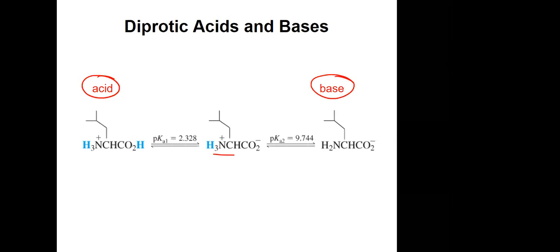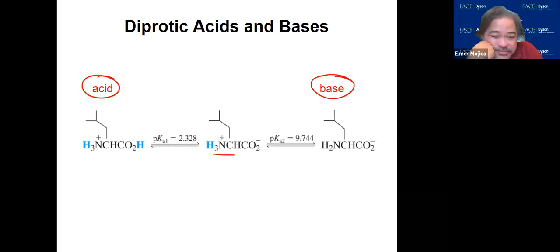Remember, H has something to do with being acidic. At lower pH, you see here, you have the two hydrogens. After it passed through the first pKa, one of the hydrogens was removed, and the one that is removed is from the carboxyl group. So what happened? You have a negative sign and a positive sign within the amino acid.